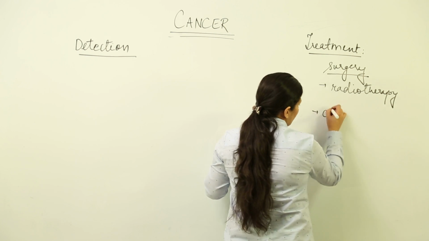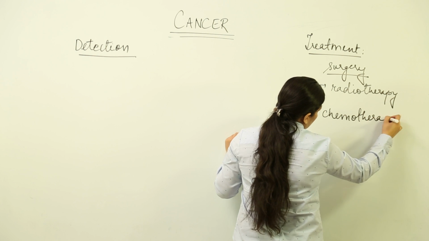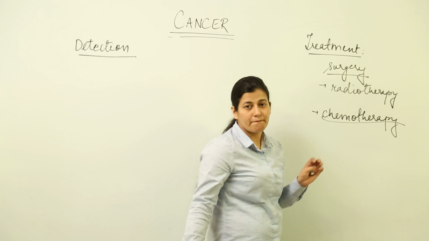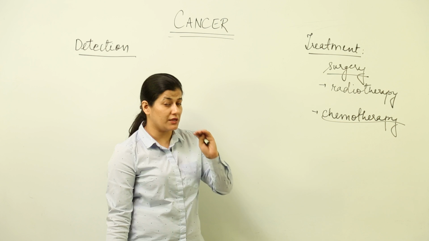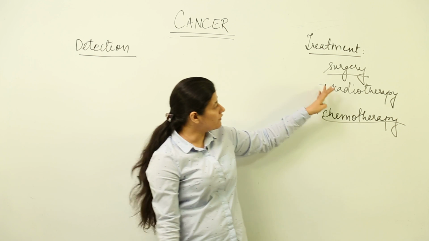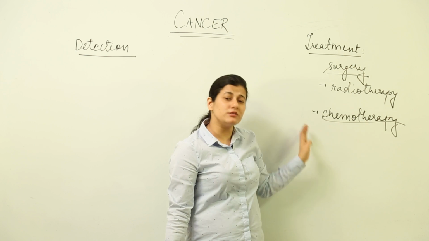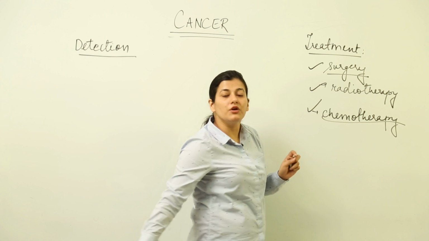Apart from that, we have another method, that is chemotherapy. Poisonous chemicals would be used to kill the tumorous cells, taking very good care of the cells nearby. So that is chemotherapy. We have radiotherapy, and at times the patient is to be given all the three in order to avoid cancer.